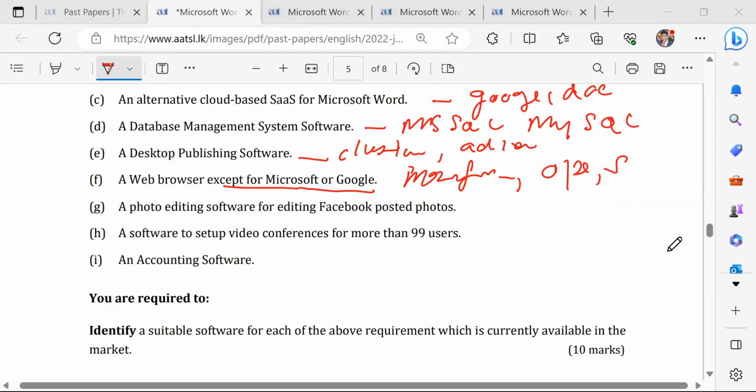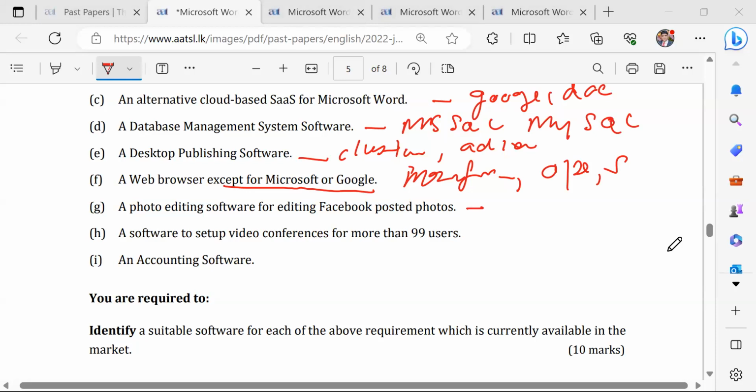A photo editing software for editing Facebook posted photos. Then you can say Canva. You have a Canva mania, no?